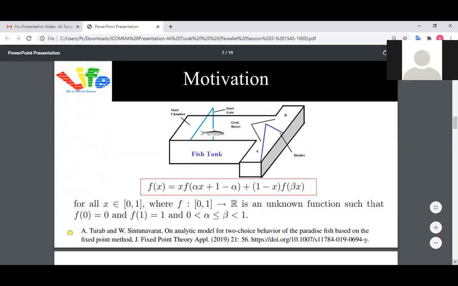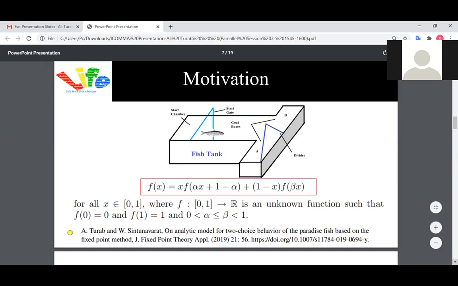In the last year, we will discuss such type of phenomena in terms of a fish. A fish is put in a fish tank, and we observe the behavior of the fish when it is given 2 choices to swim.